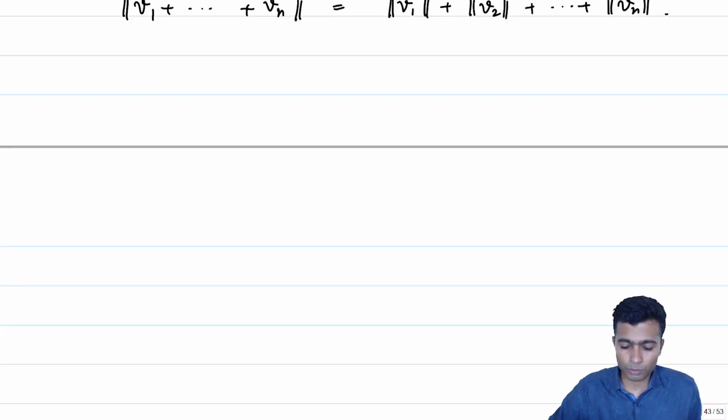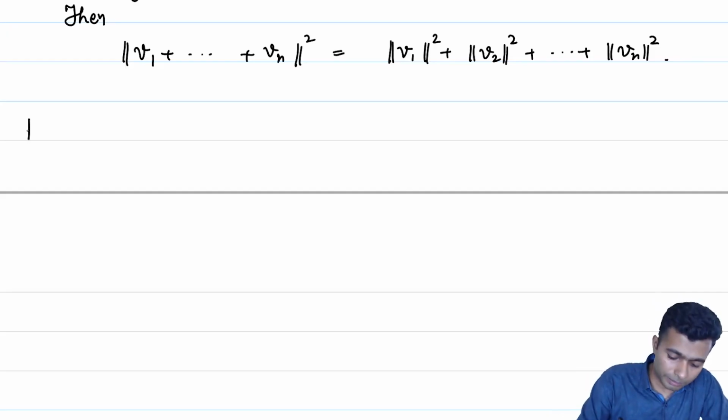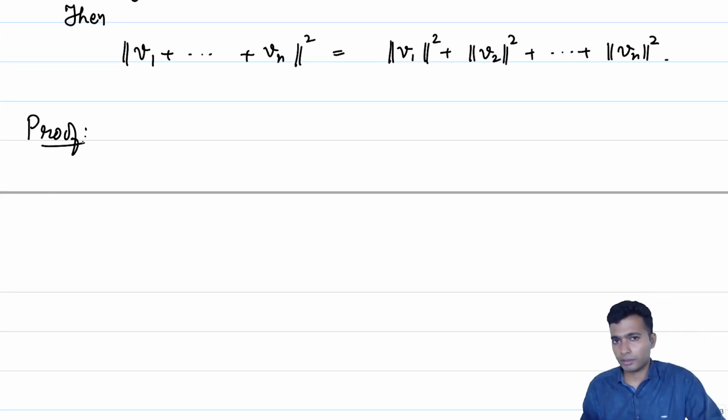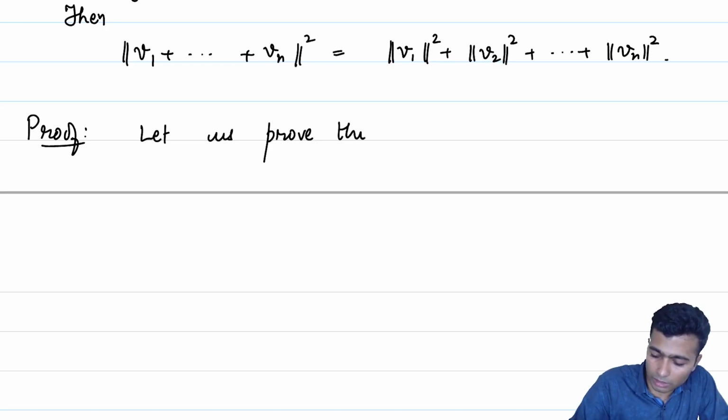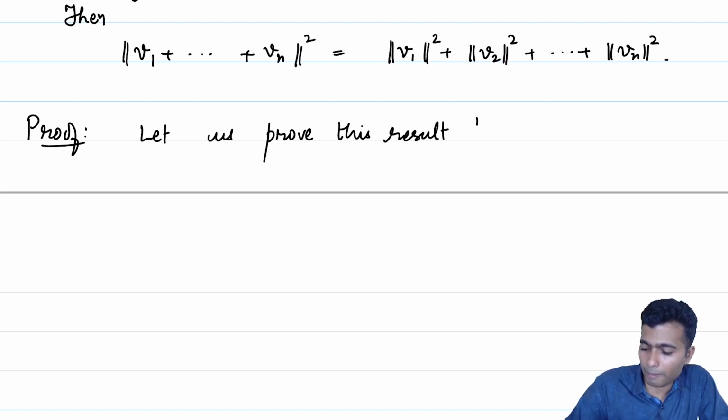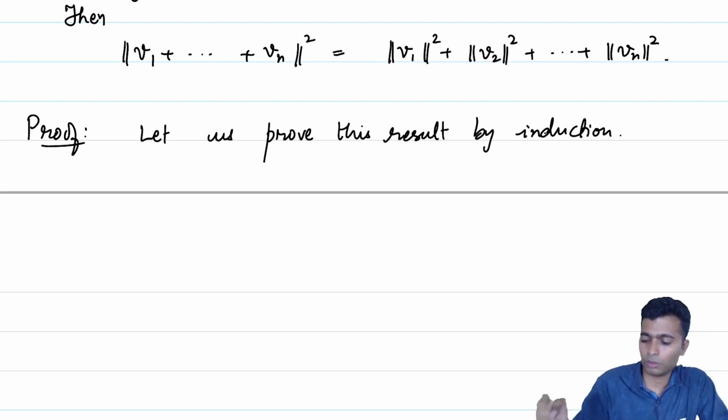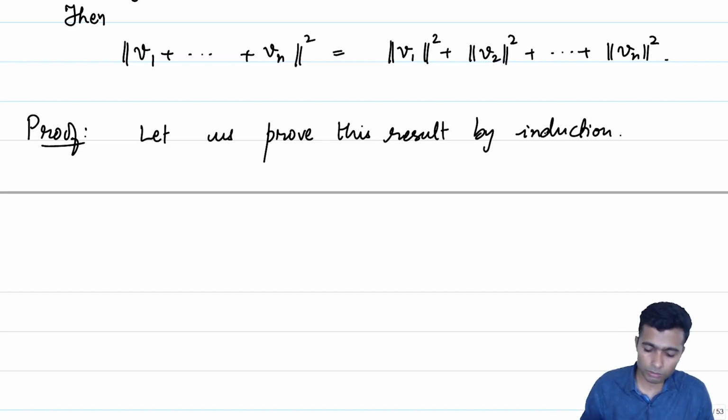Okay, so how do we prove this particular theorem? We shall prove this theorem by induction. So let us prove this result by induction. Now, in the case when n is equal to 1, there is nothing to prove.